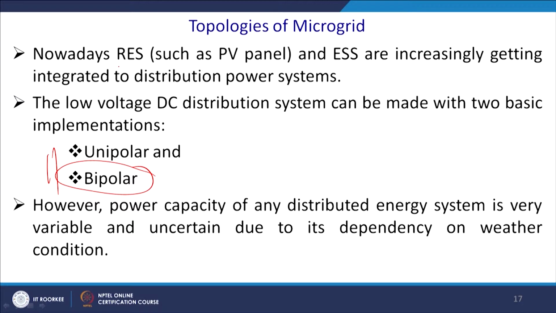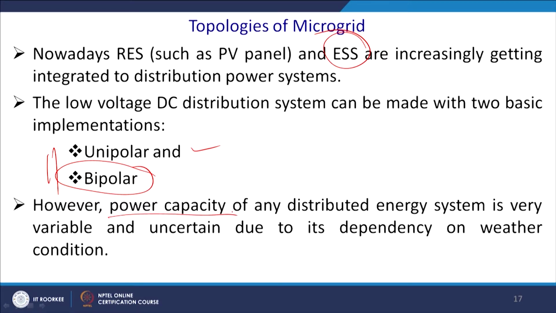Nowadays, renewable energy sources such as PV panels and energy storage elements are increasingly getting integrated in the distributed power systems, and thus you may have a unipolar topology, where you supply plus and ground or zero, or you supply plus minus and ground, and thus you have a redundancy. If one line goes off, you can still keep on supplying on the other line.